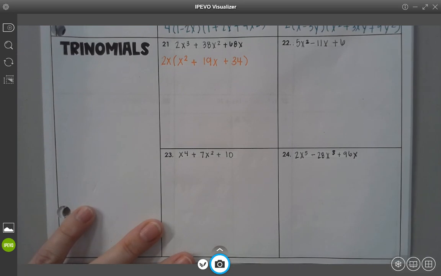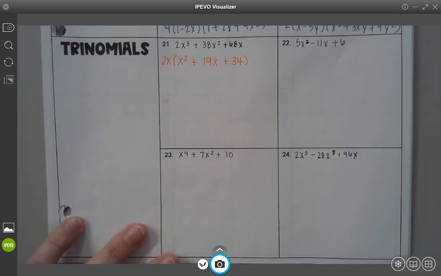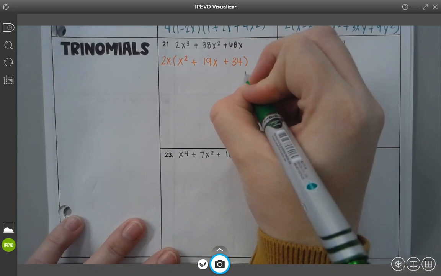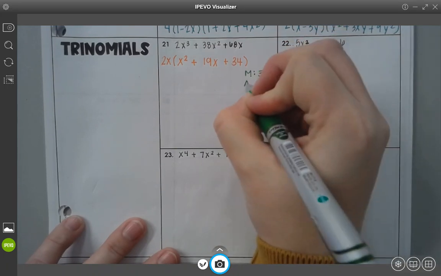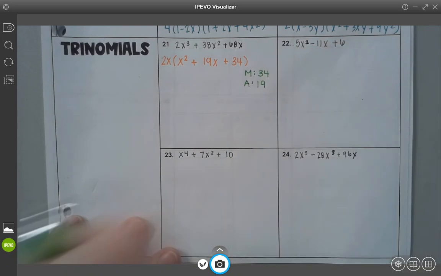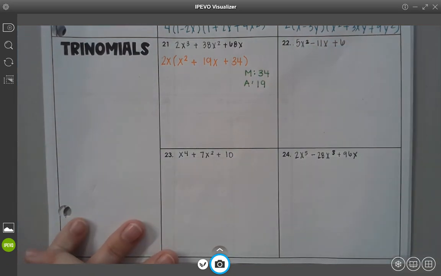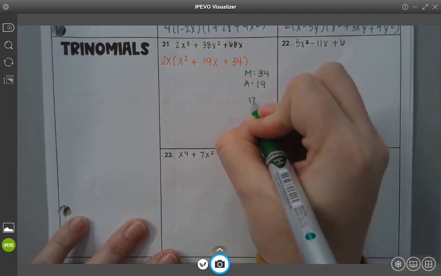Now, there is no number in front of the x squared, so it becomes a lot easier. We want 2 numbers that multiply to be 34 and add to be 19. What are those 2 numbers? 17 and 2.